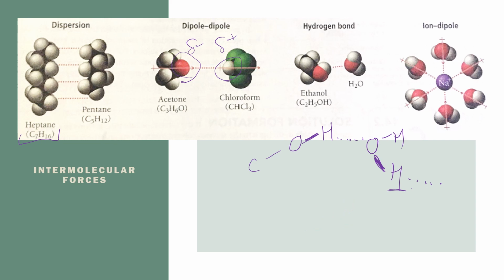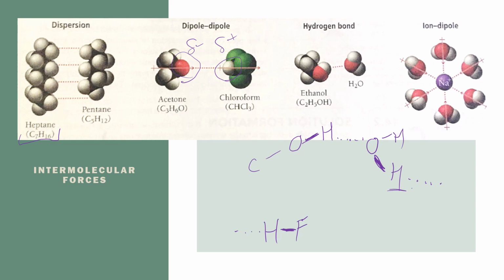Or maybe you have HF. This hydrogen, because it has a covalent bond to fluorine, can form a hydrogen bond with another molecule. So the FON is referring to what atom the hydrogen can covalently bind to and also form a hydrogen bond with something else.